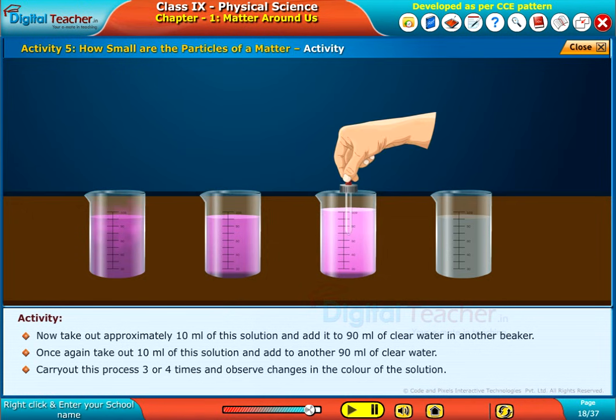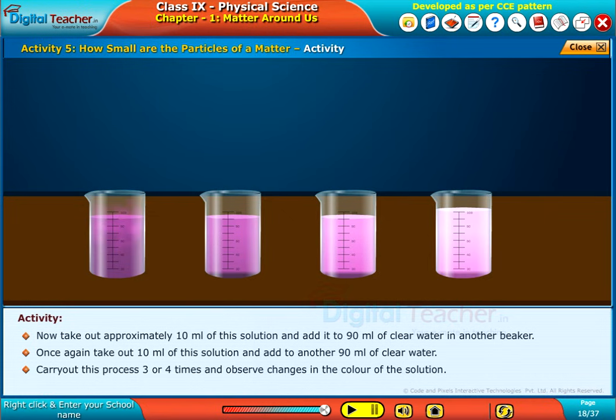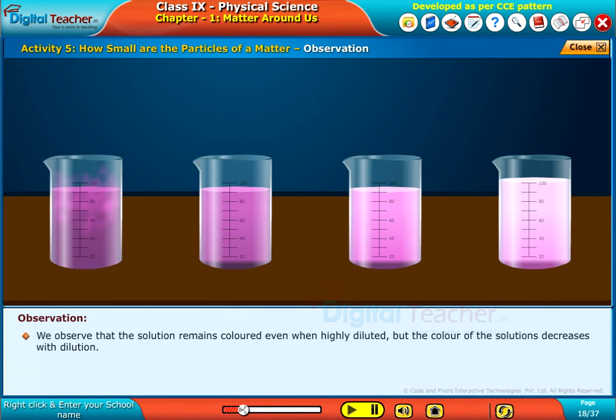Carry out this process 3 or 4 times and observe changes in the color of the solution. We observe that the solution remains colored even when highly diluted, but the color of the solutions decreases with dilution.